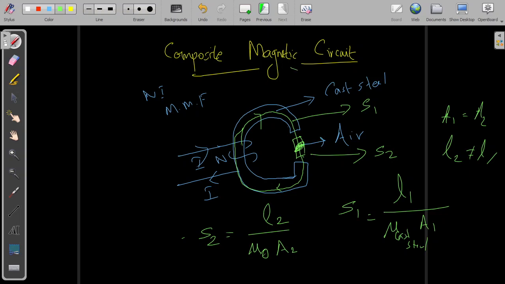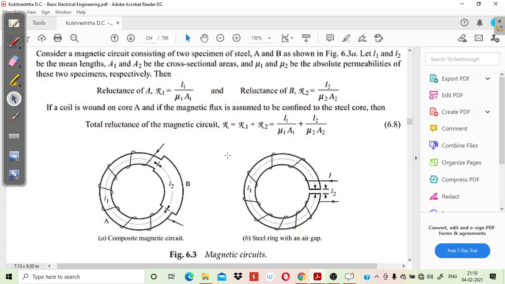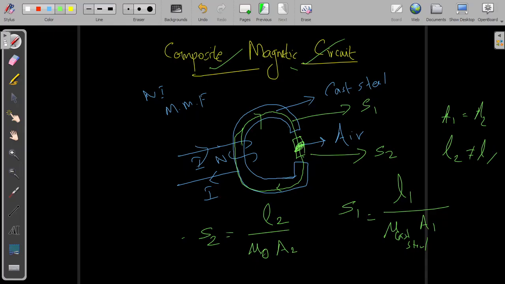Here the cast steel and air, with respect to the flow of flux, are in series.